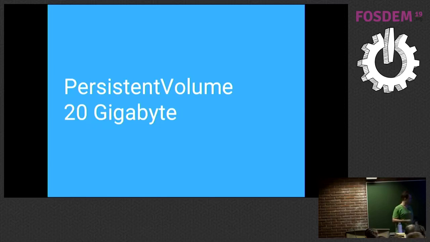Kubernetes has three access modes: the first is ReadWriteOnce, where only one can read and write to it. The second is ReadWriteMany, where many can read and write at the same time. And there is ReadOnlyMany, where many can only read at the same time.